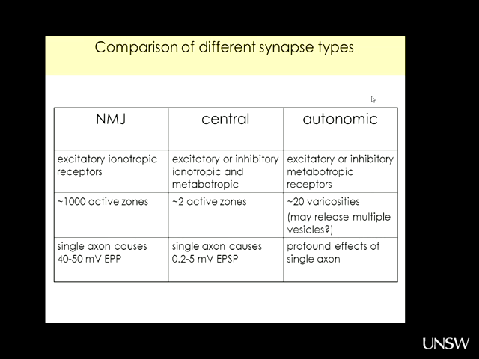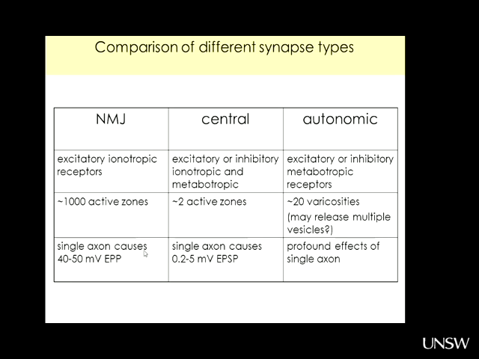Autonomic system, we can be excitatory or inhibitory, and because it's not concerned with speed, uses metabotropic receptors to do that. Okay, so it uses acetylcholine for some of it, but it uses a muscarinic, not a nicotinic receptor. It's got varicosities rather than active zones, and each varicosity potentially can release multiple vesicles, so it can have very big effects.